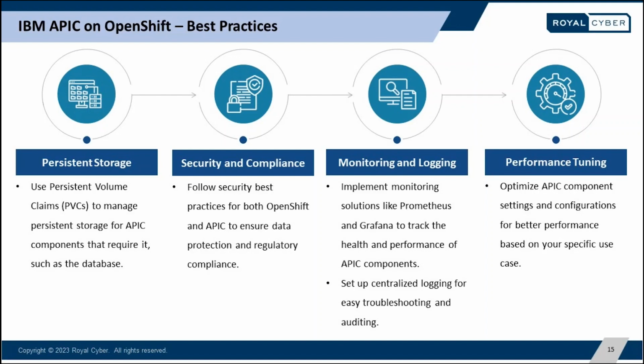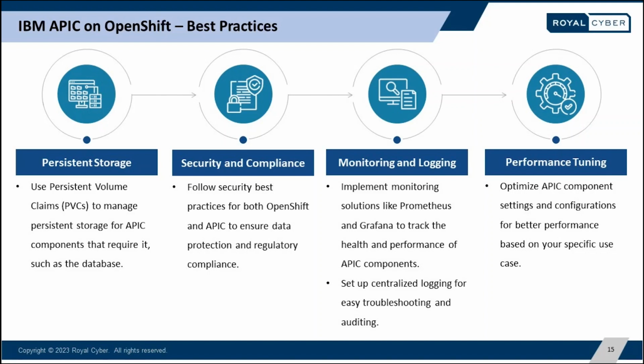More about the best practices. One is persistent storage, where you can utilize persistent volume claims to manage persistent storage for APIC components, ensuring data integrity, particularly for critical elements like databases.